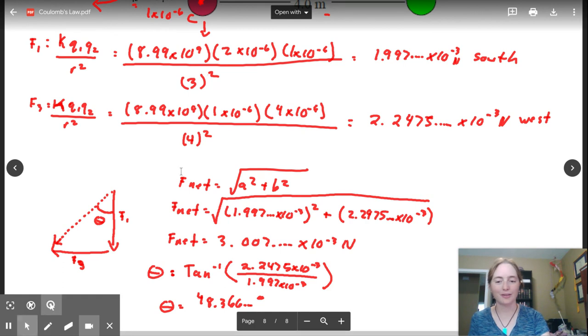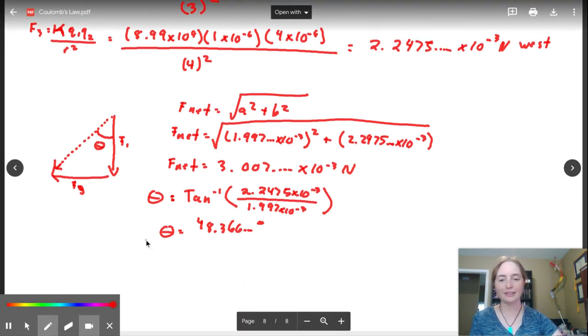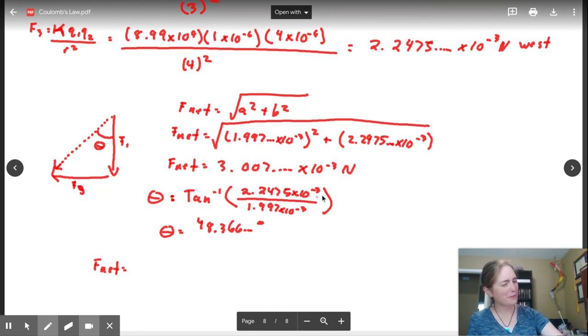Now we need to put it all together, with correct sig digs, all that good stuff. So how many sig digs do I want? 2. All right. So 3.0 times 10 to the power of negative 3 newtons.